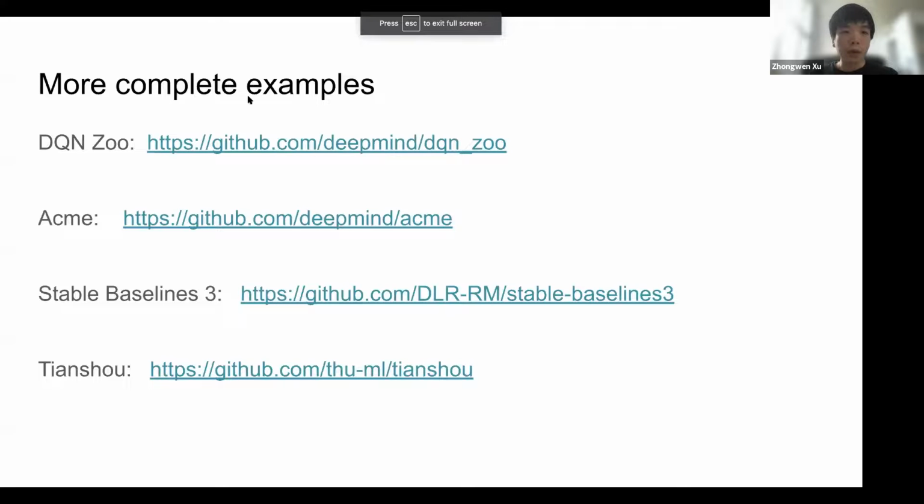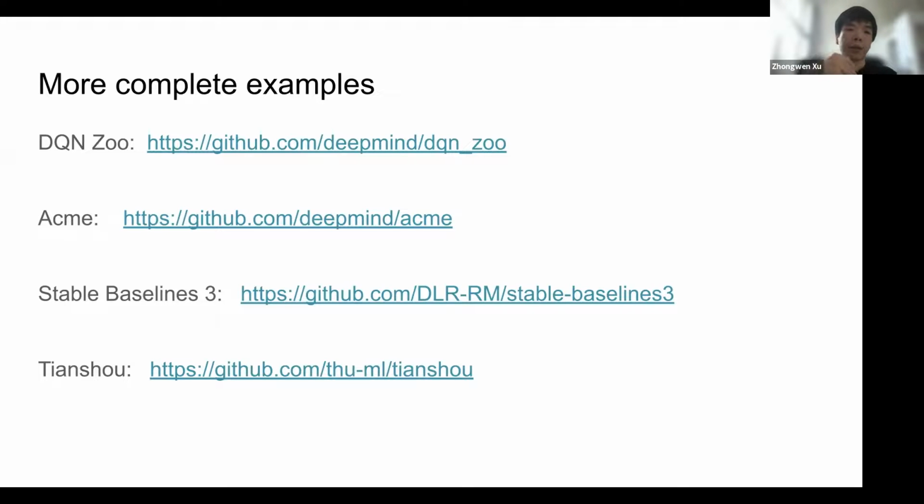There are more complete examples in these kinds of complete repos. The first one is the one I think I mentioned, this wrapper, and the main goal is to replicate the published papers.